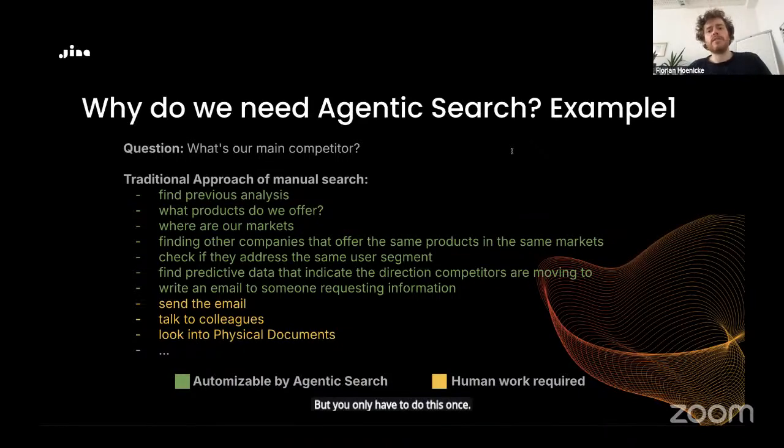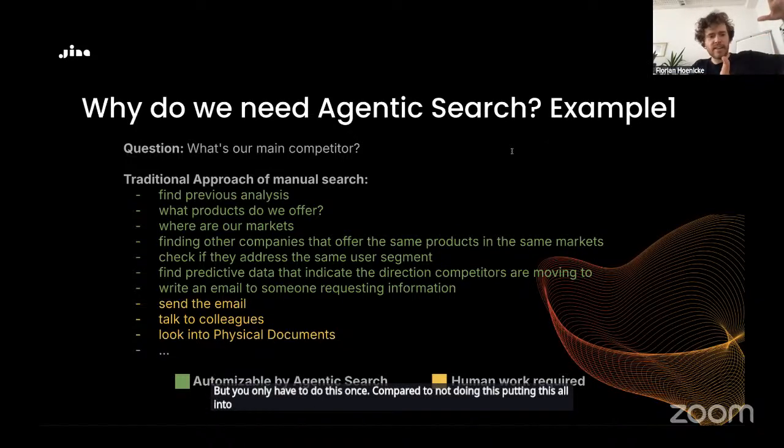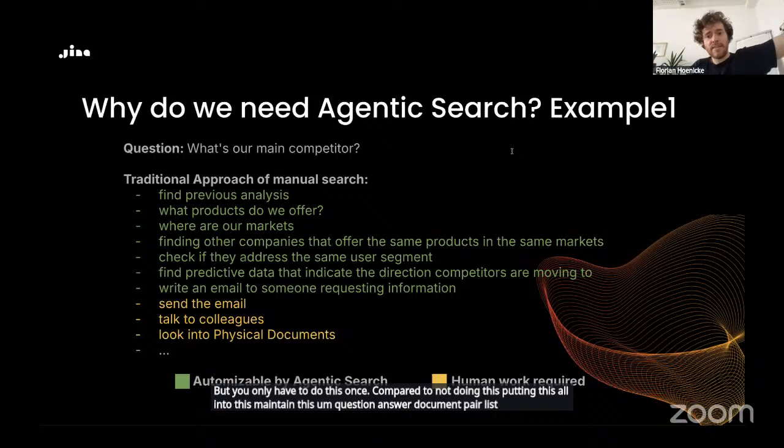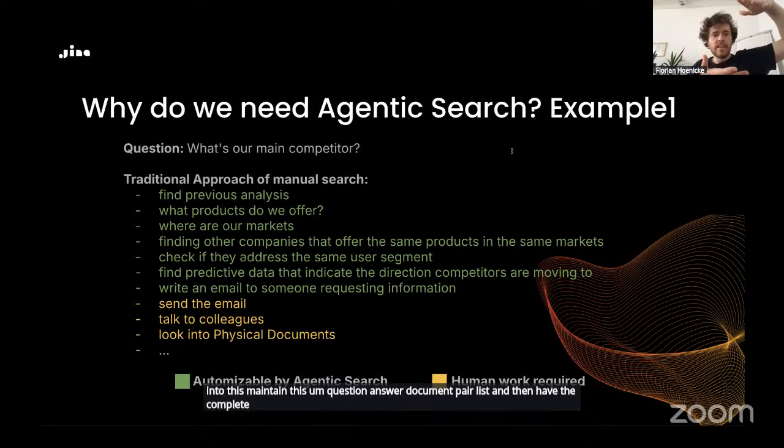Compared to not doing this and maintaining a question-answer-document pair list with the complete documents there. This will add additional context in each iteration and will grow much more. I hope this answers the question.